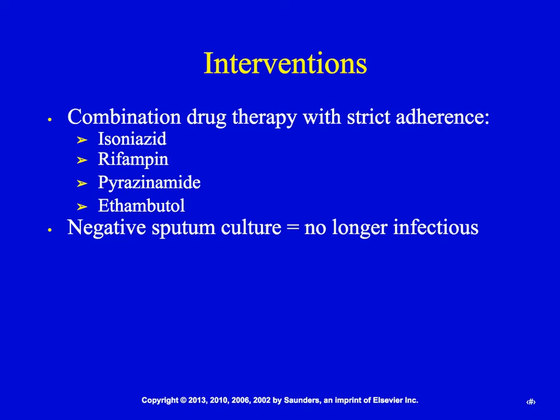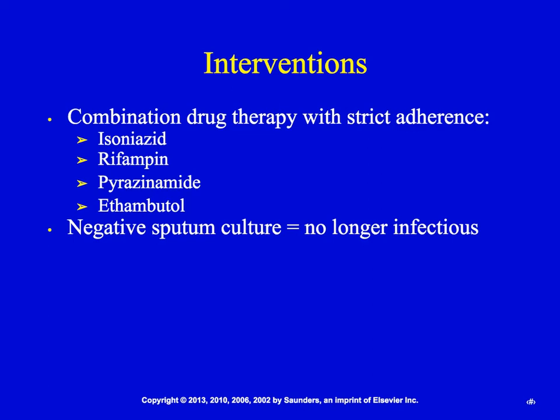So the use of multiple drug regimens destroys organisms as quickly as possible and reduces the emergence of drug-resistant organisms. It's very similar to how we talked about treating HIV. So again, the treatment for TB is expensive. It's more than one drug. It is taking medications that could cause some side effects over a prolonged period of time.